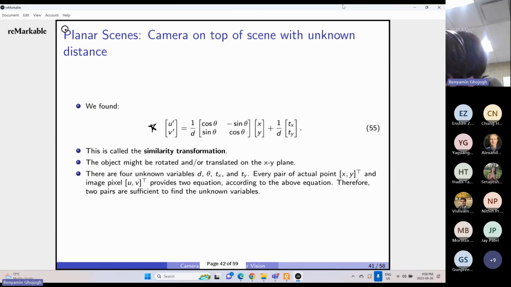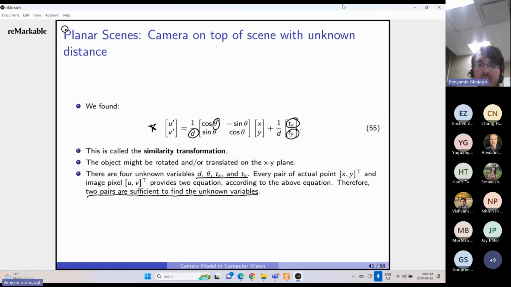So theta and tx and ty and d, all of them are unknown. So I have 4 unknowns, and every pair of an actual point on the planar scene and the corresponding image pixel gives me 2 equations. Therefore, again, 2 pairs are sufficient for me to find the unknown variables in this system of linear equations. Agreed? Any questions so far?